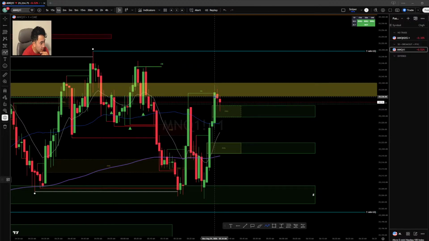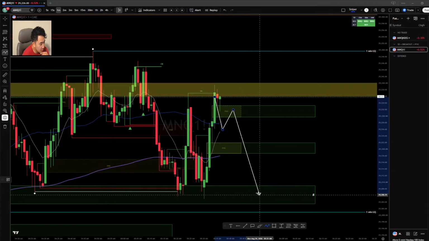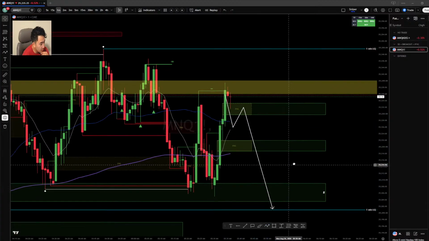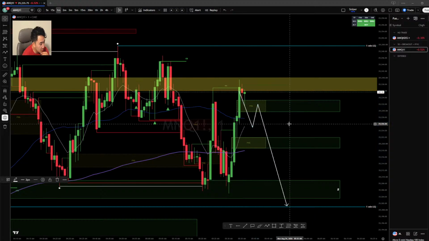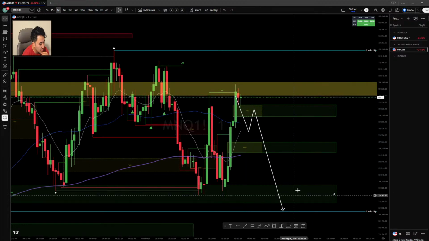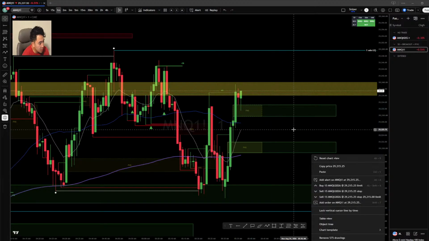Now, if it disrespects this and converts into a bearish inversion zone, then we could start trading below this 13 EMA right here, and maybe enter and target this down here. So that could be a setup as well.